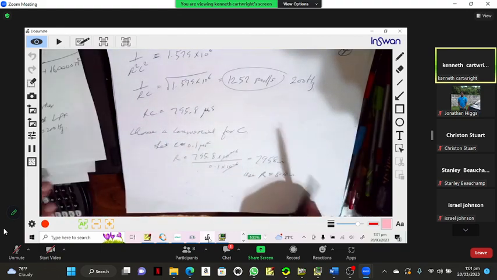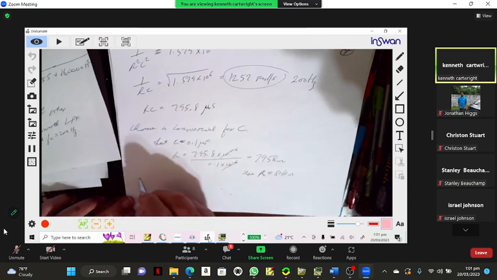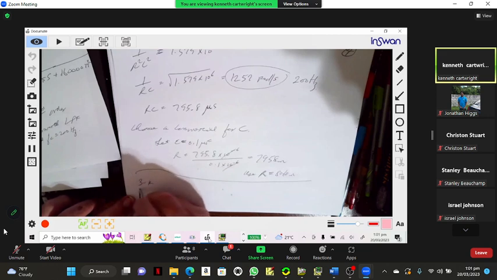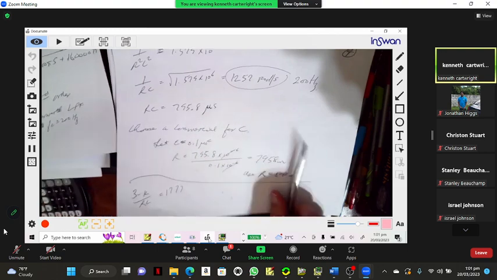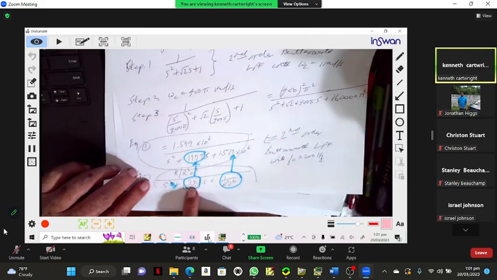And what's the rule for that? The rule for that is, I circled it earlier. The rule for that was 3 minus K over RC was equal to 1777. That's what we had earlier.